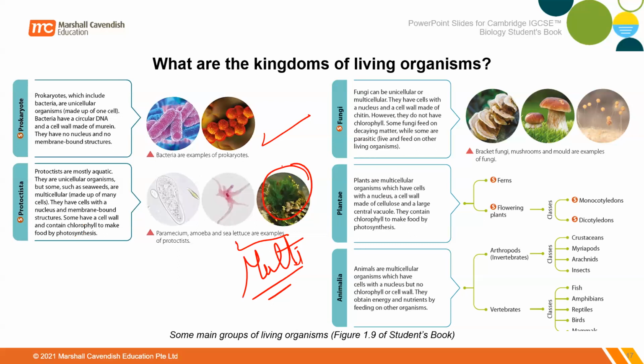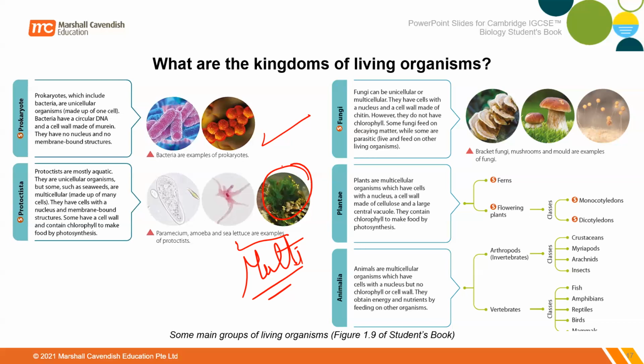When I say chlorophyll or green pigments, this means that the photosynthesis process will occur. The third kingdom is kingdom Fungi, and this kingdom is characterized by multicellular organisms. Some of them are unicellular, but the majority are multicellular organisms. They have cells with a nucleus, and they have a cell wall made up of chitin.